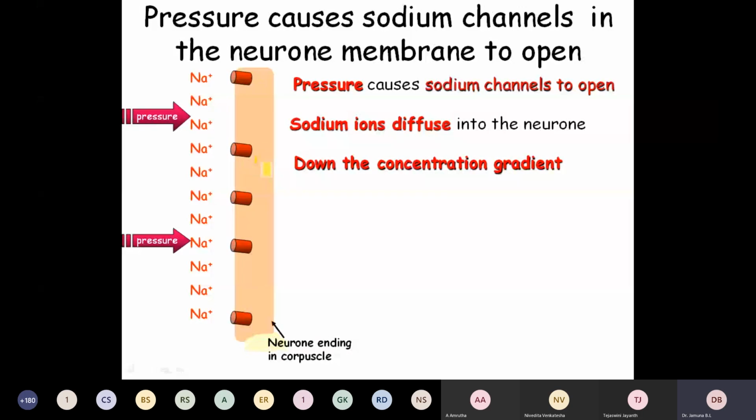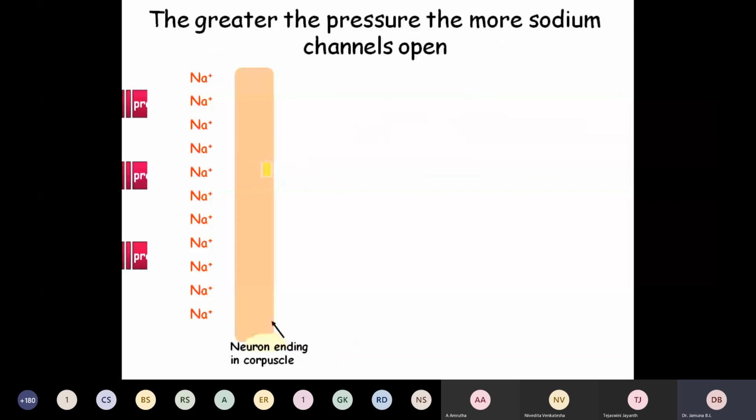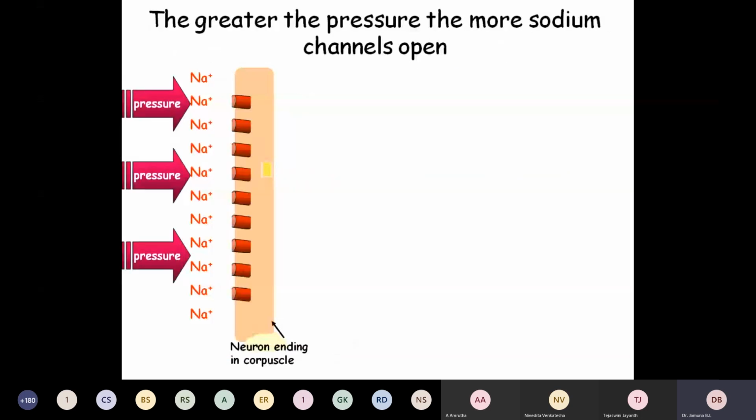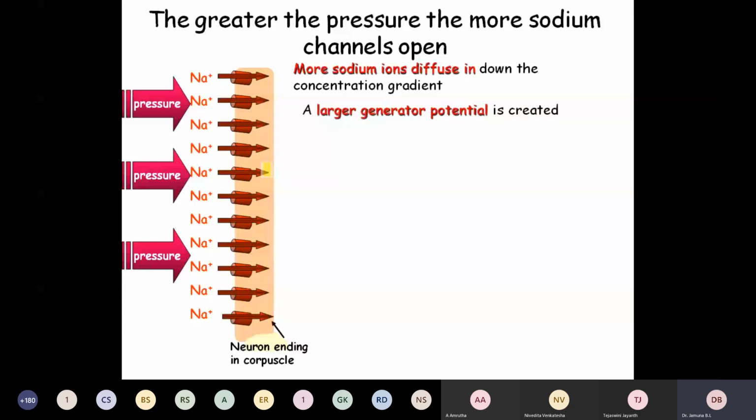Because these are stretch-sensitive channels, they get opened up, and that creates a generator potential. The greater the pressure, the more sodium channels get opened up, so a larger generator potential is created. If it reaches a threshold, the action potential develops.